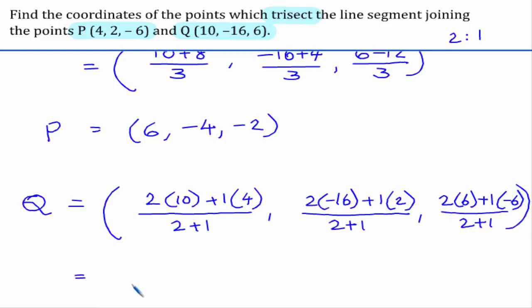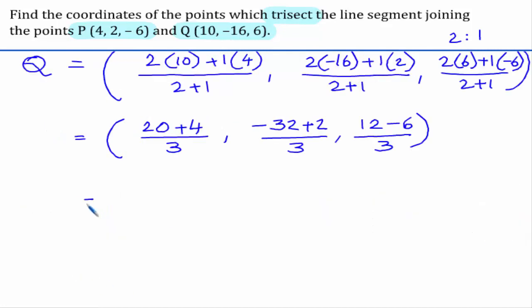If we simplify this, it is 24 by 3, which is 8. This is minus 30 by 3 is minus 10, and this is 6 by 3 is 2.